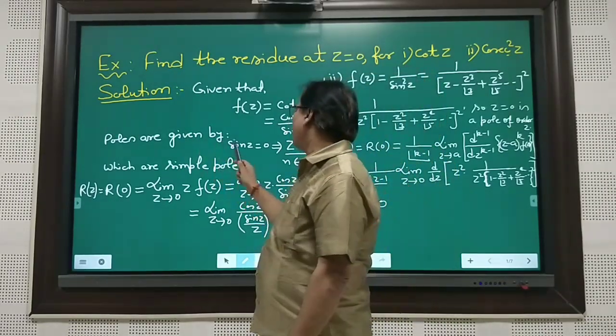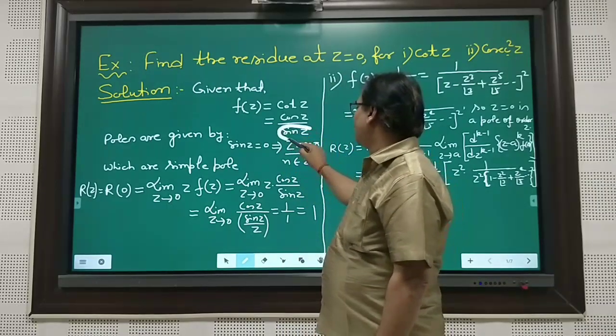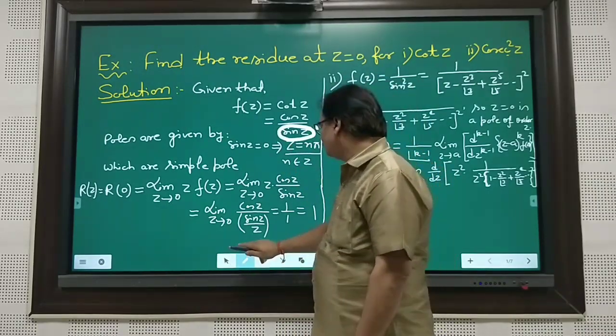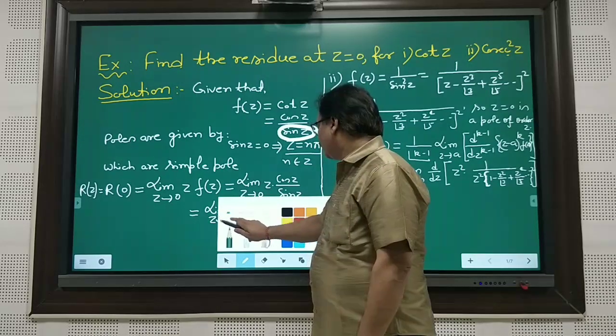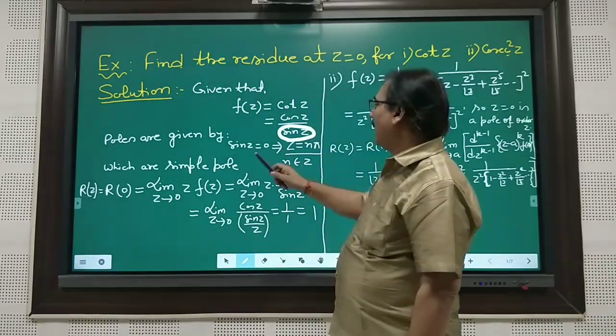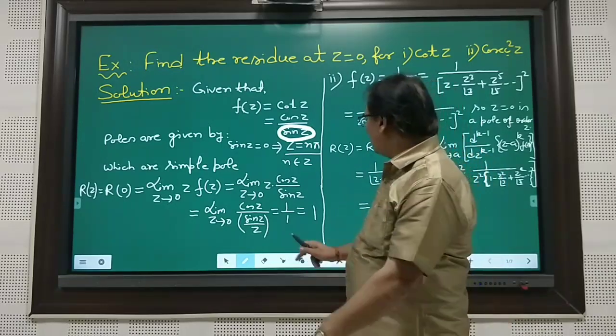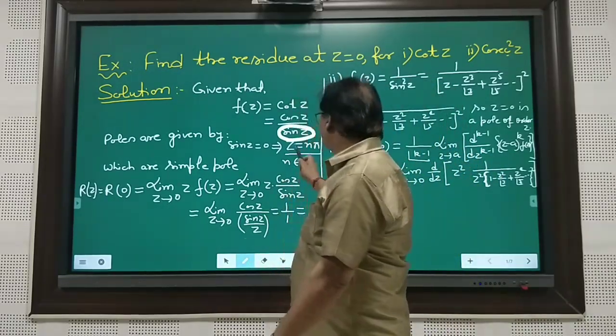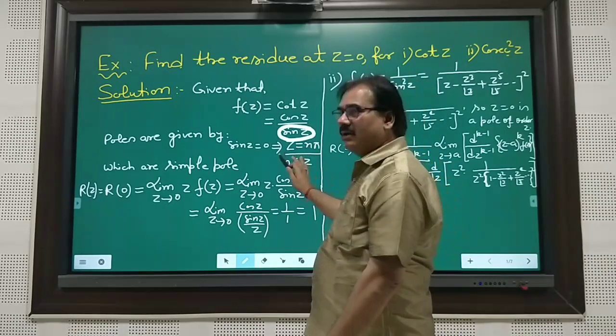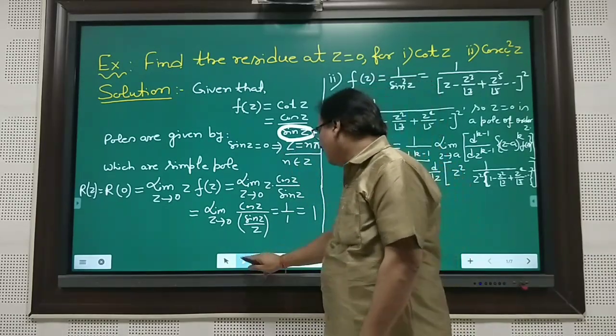Then the poles are given by sin z equal to 0. This implies z is equal to n pi, where n, you already know, is an integer.